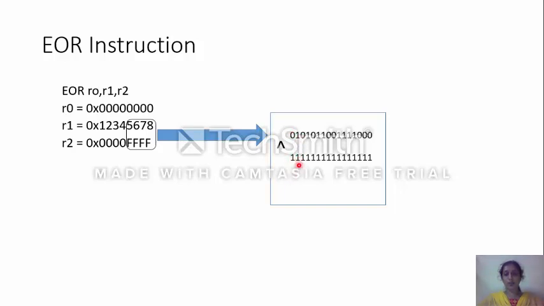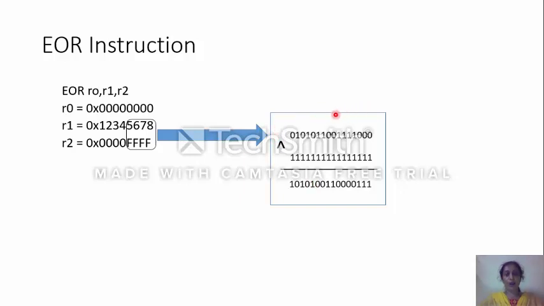When both are equal, the answer will be 0. So, can you guess the answer? Yes, the answer is this is complemented. If it is 0, it will become 1. If it is 1, it will become 0. And like that. So your output is exactly the complement of input.